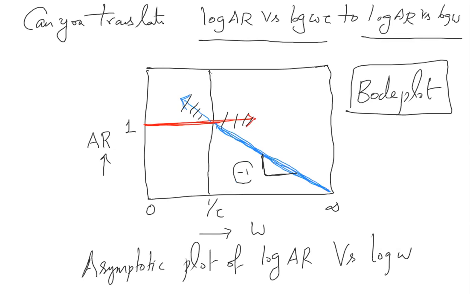Slope of the line is minus 1. This is for 1 by tau s plus 1.